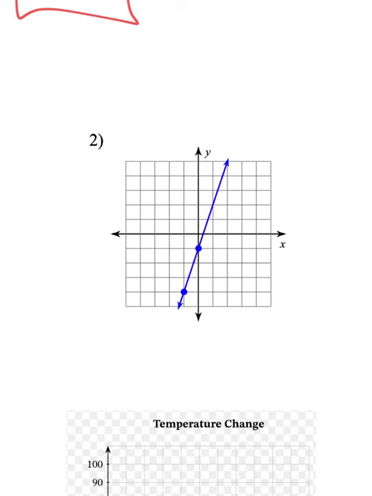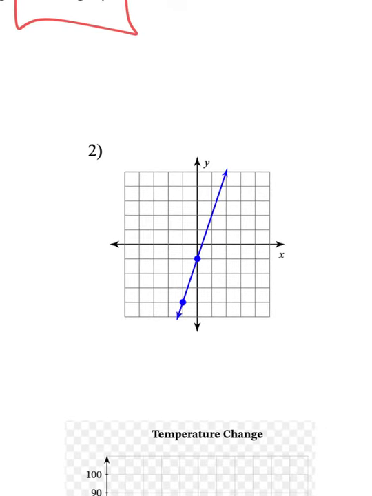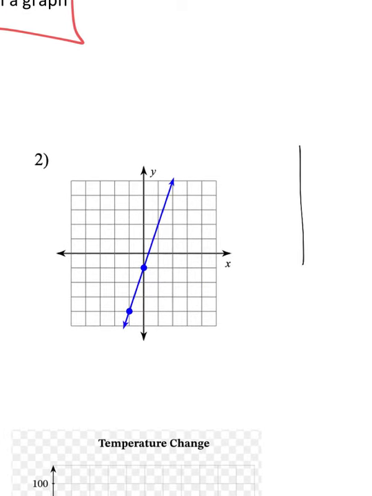Number 2. When they don't give you a table, we need to make a table. We're going to name the points. I choose this one first; you can choose the other one if you like. Your x is -1.